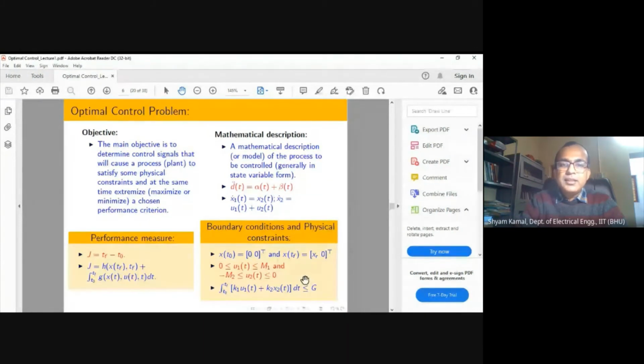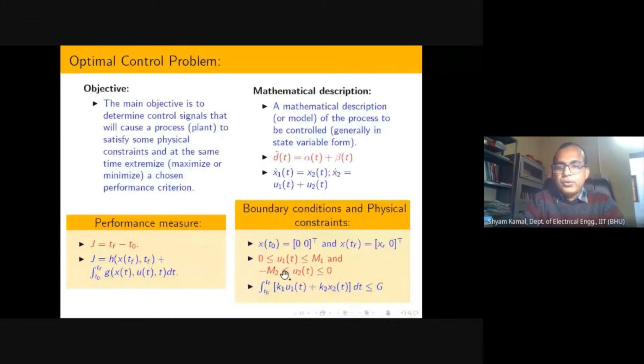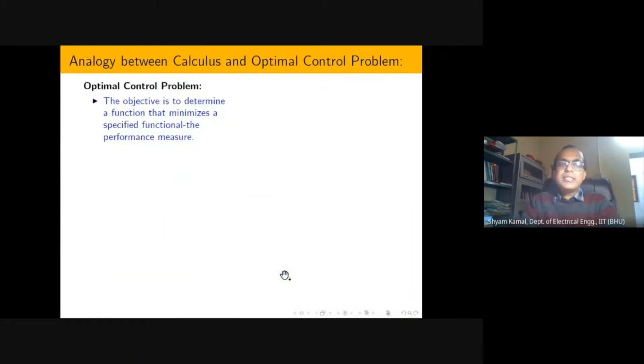Due to that reason, in the next slide I will keep full screen mode. Here you can see that the objective is to determine a function that minimizes a specified functional, which is called the performance measure.